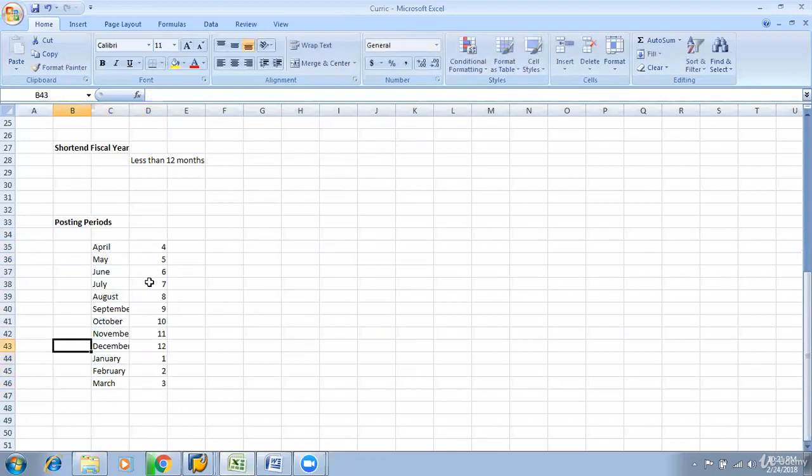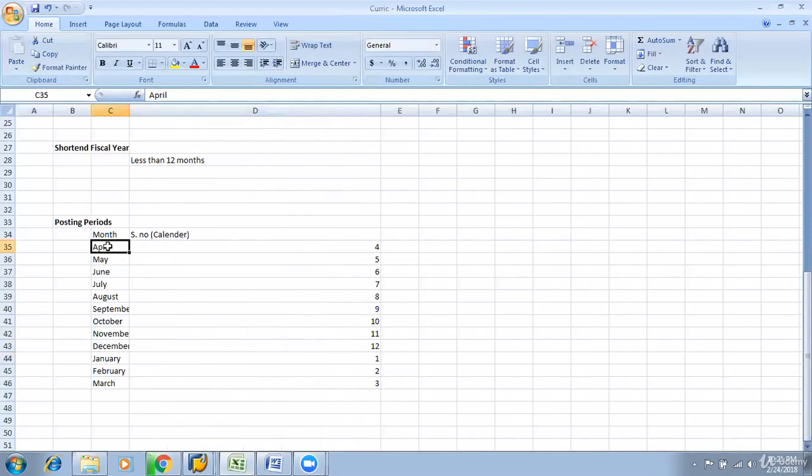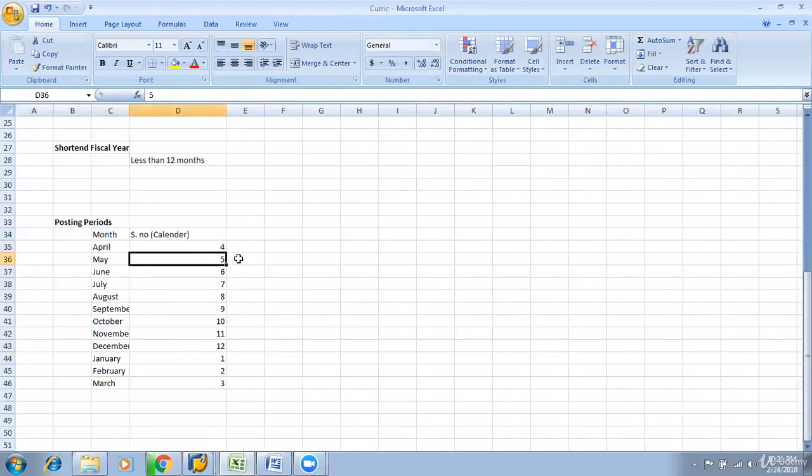Right? These are months and serial numbers, I would say, as per my calendar. This is what my calendar shows, that April is fourth and May is the fifth month. But according to business, tell me which month is April?